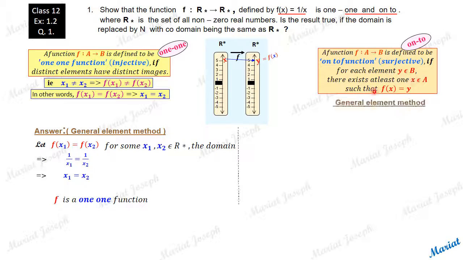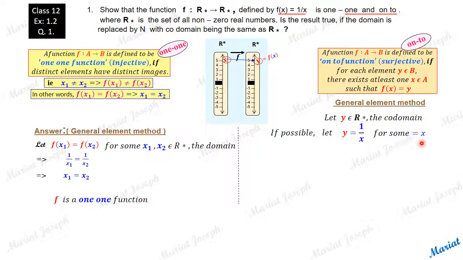Let's begin. Let y be an element, a representative element of the codomain R star. Take a y. And if possible, let this y be equal to 1 upon x for some x of the domain.